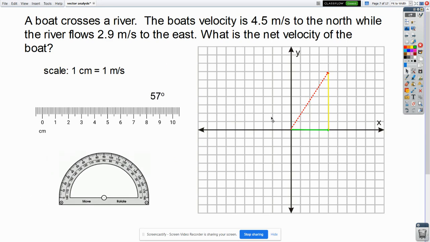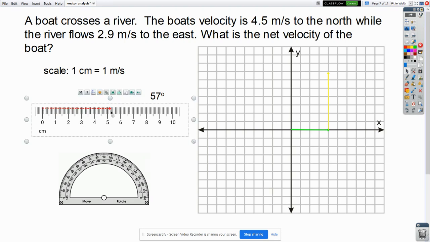As far as the length is concerned, I'm just going to grab this arrow and move it to my ruler, since my ruler is showing up behind my grid. I need to bring my arrow over here. I need to get it as horizontal as possible so I can measure its length.